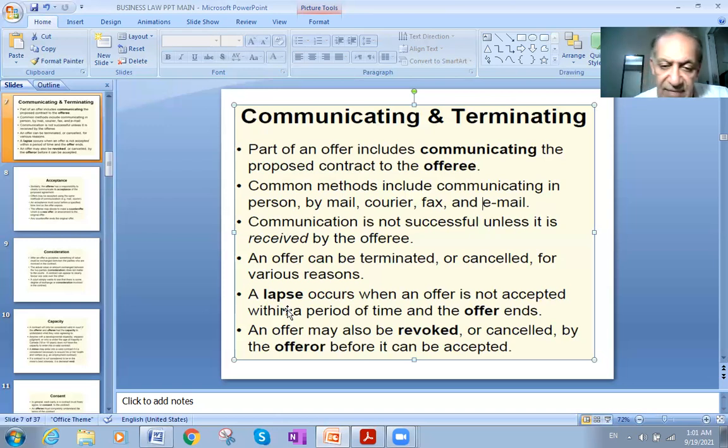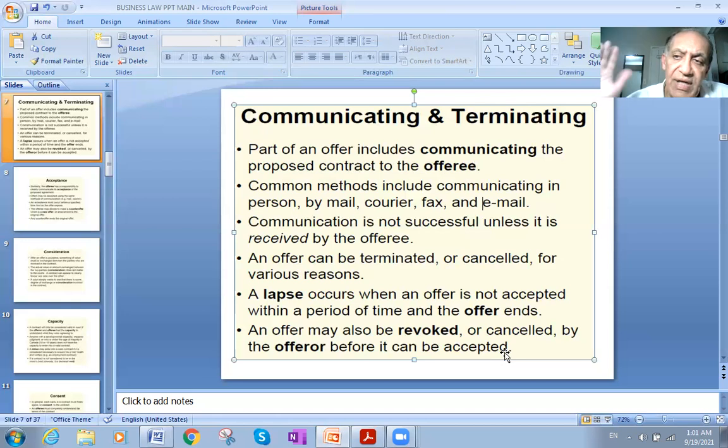Then it's a lapse. An offer may also be revoked or canceled by the offerer before it can be accepted. The offerer, the prospective seller, might change his mind and not want to sell. He regrets his offer. We call this revoked.